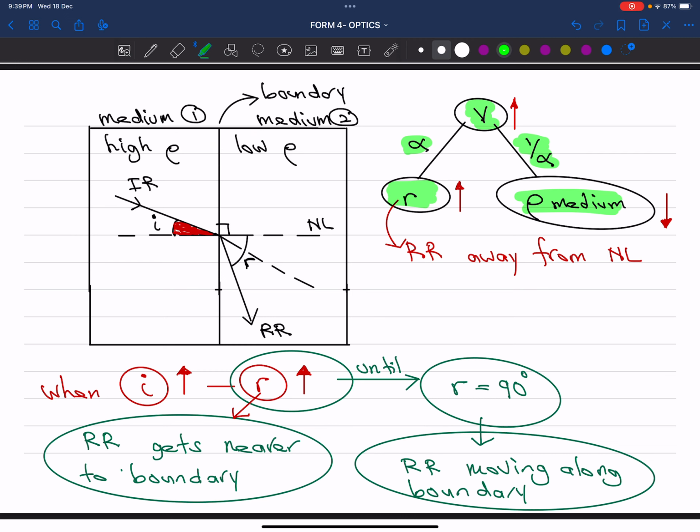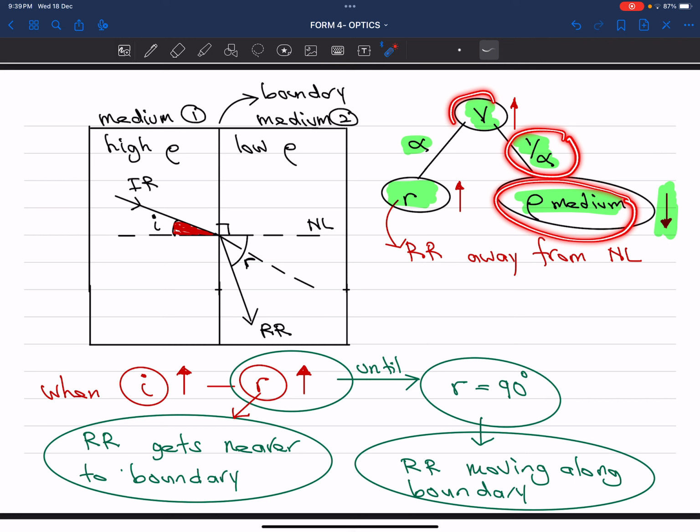It means our density of the medium is decreasing. Arrow down, decreasing. And since density is inverse to speed, when density decreases, the speed of the light ray increases.